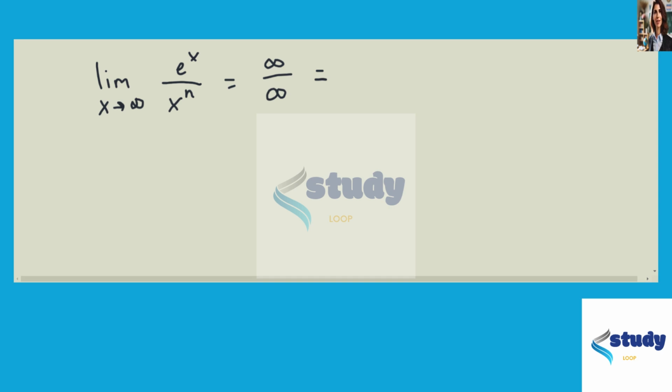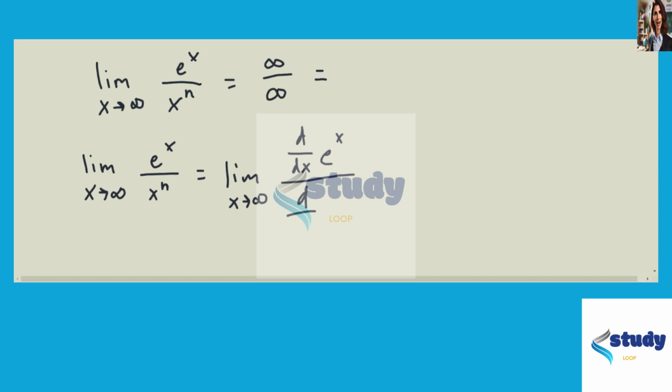So we can apply L'Hopital's rule, and that would be the limit as x approaches infinity of e^x over x^n, which is equal to the limit as x approaches infinity of the d/dx of e^x over the d/dx of x^n, and that comes out to be the limit as x approaches infinity of e^x over n x^(n-1).